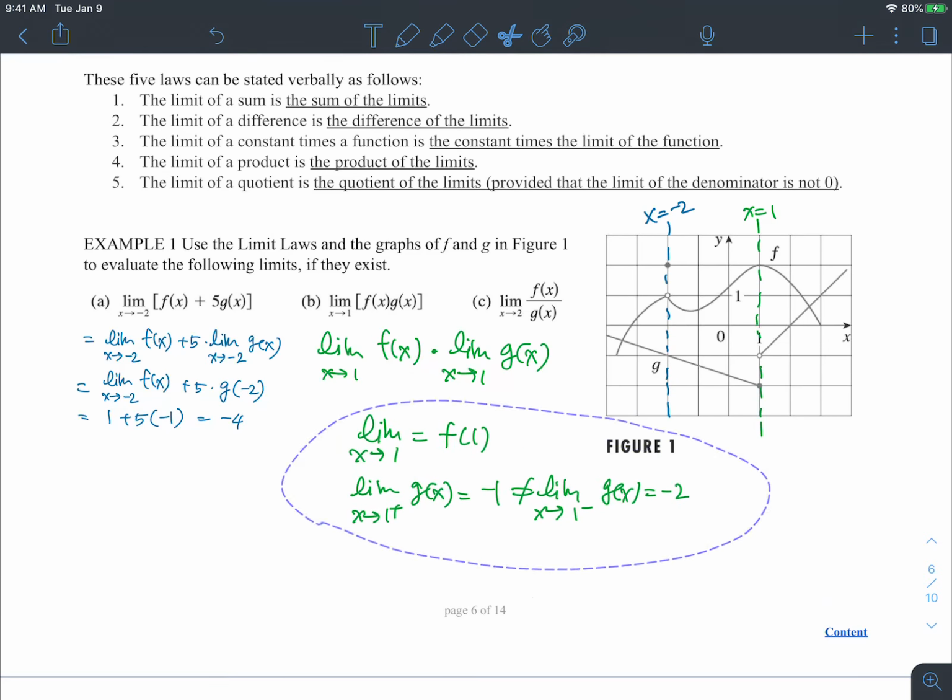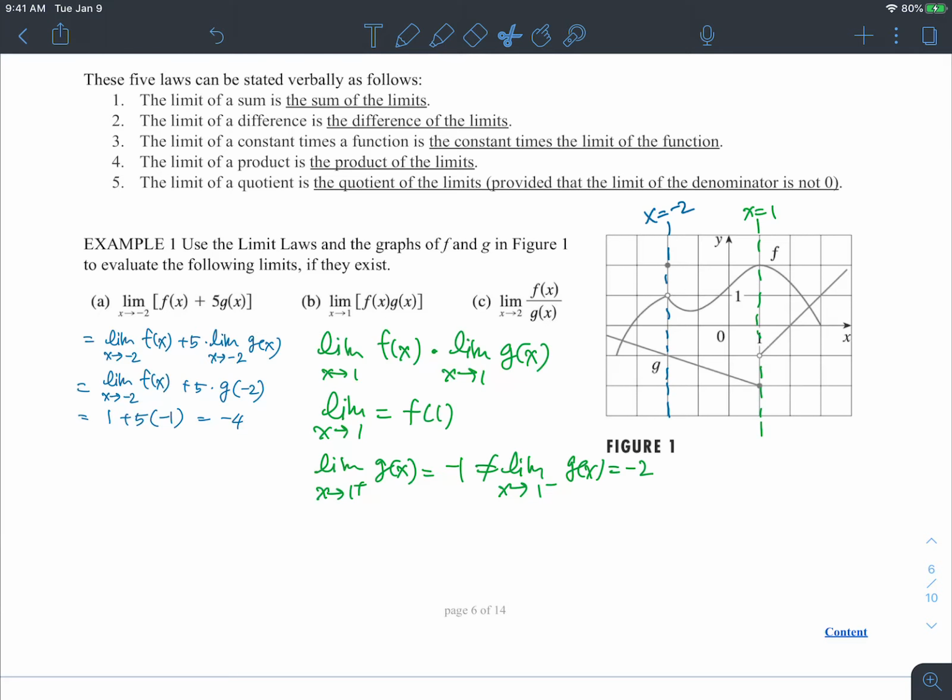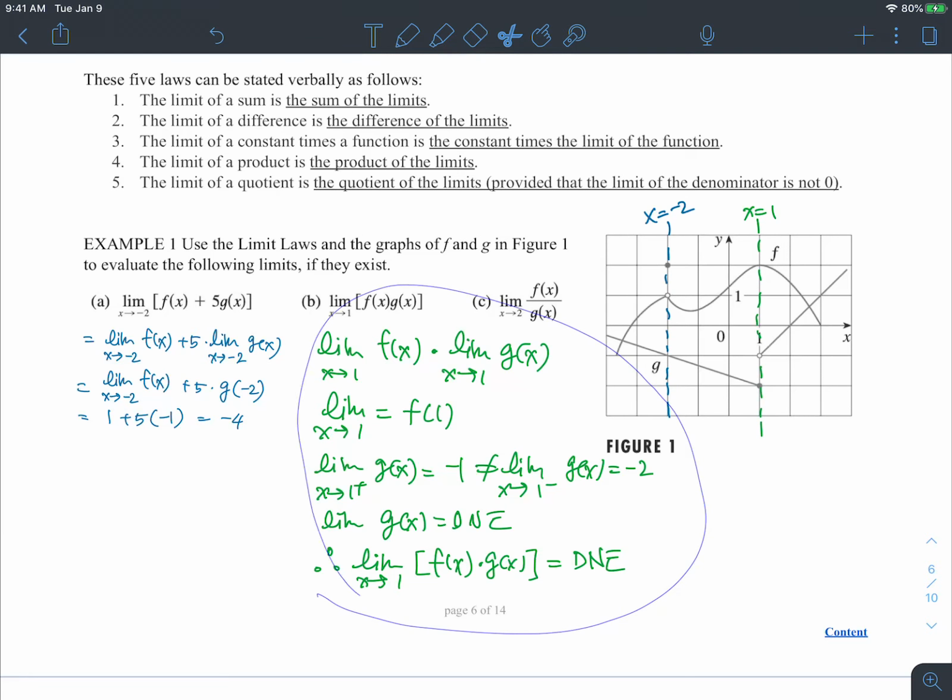Let's put that over here. So because of that, the limit of g of x is DNE. Therefore, you should always go back to the original equation because that was the question. We're just providing the justification for all that. And when you multiply something like DNE, or even add, subtract, or whatever, the whole thing doesn't exist.